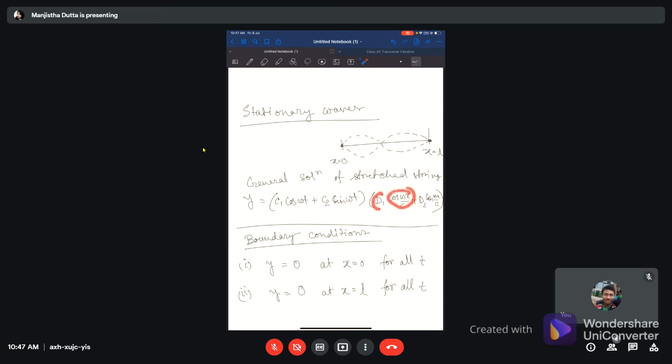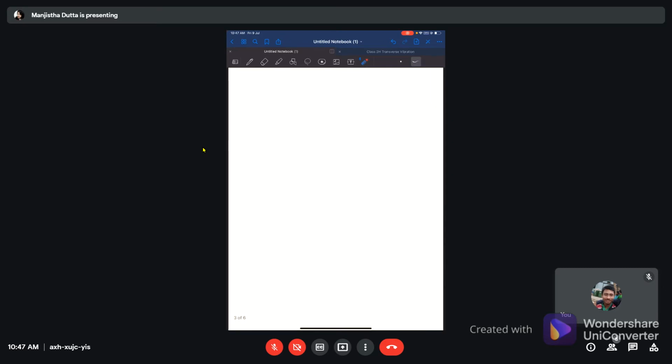So basically, applying condition 1, from the space part it is D1 only, multiplied by C1 cos omega t plus C2 sin omega t, which is equal to 0.